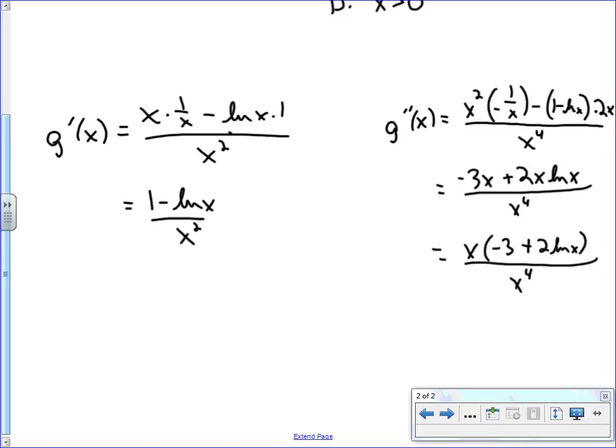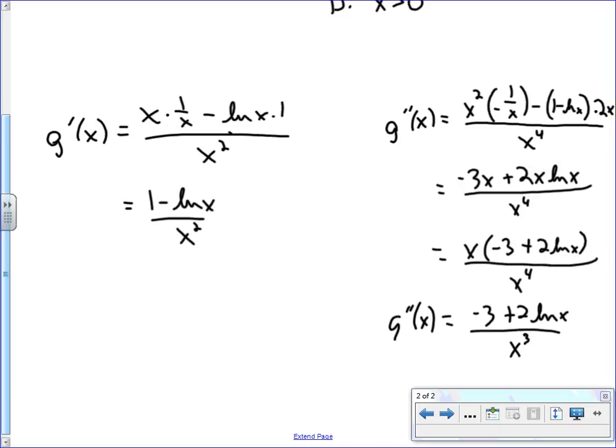And what are we going to be able to do with that x? Are we good? What are we going to be able to do now? Cancel that. Yes. We're going to get g double prime is -3 plus 2 ln of x over not x to the fourth, but x to the third.